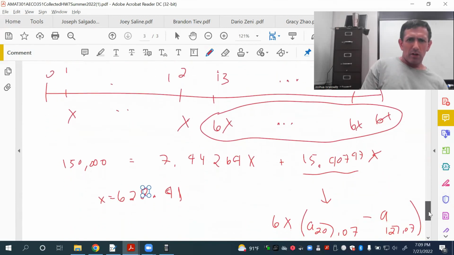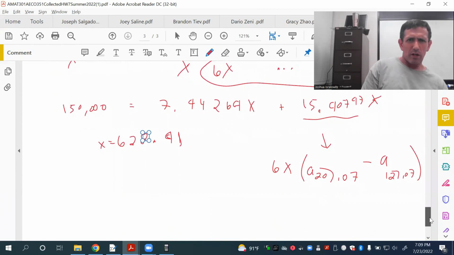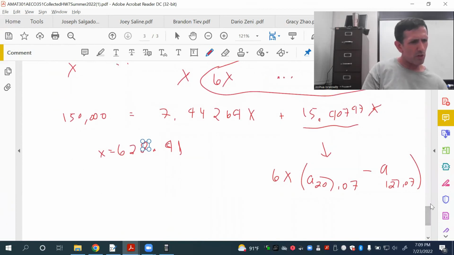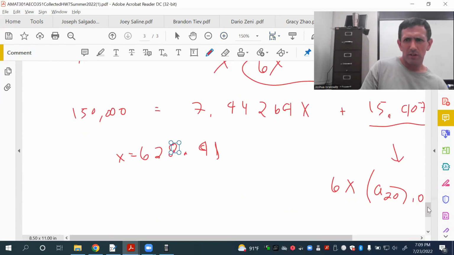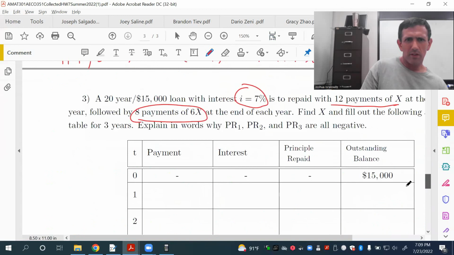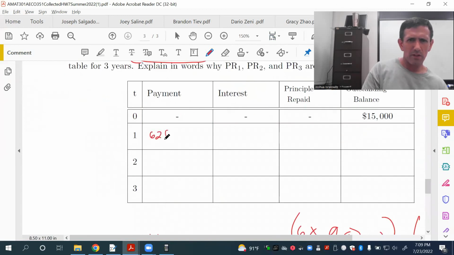All right, anyway, so 628.91. So get the outstanding balance. I'm sorry, there is no outstanding balance here. All right, so yeah, do this quickly. So 628.91.